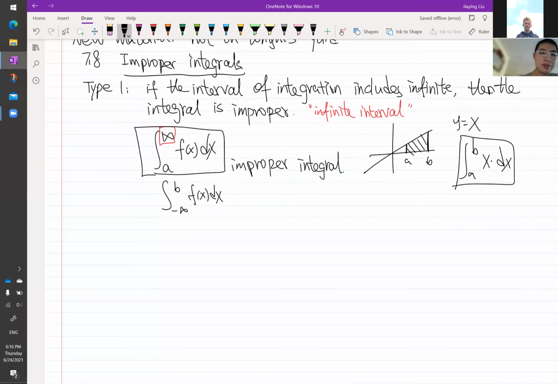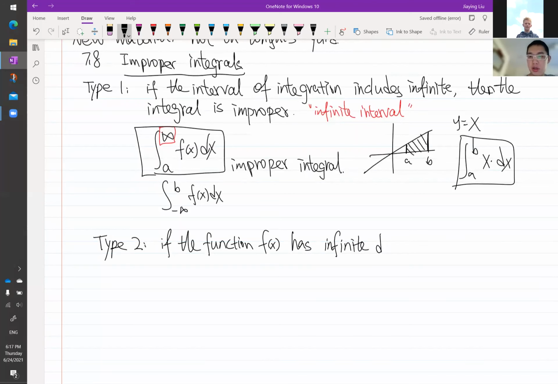Now the second type, type 2, is if the function that we integrate, f of x, has an infinite discontinuity in the interval.